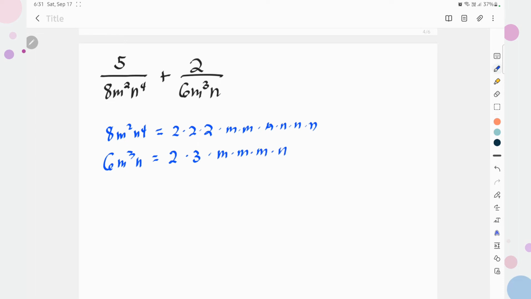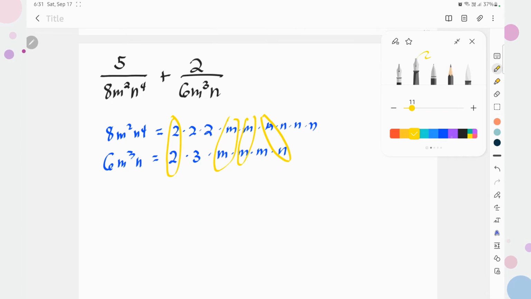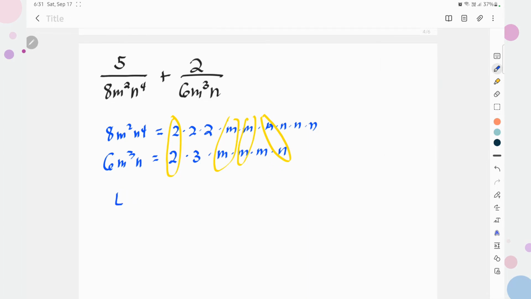Now, we can find out what's common. Let me just mark what's common. So it's much easier. So you have this one. And then we have this 1, 2, and then 1n. So we're now looking for the LCM or LCD, the common denominator. Write first what's common, which is 2 times m times m times n.